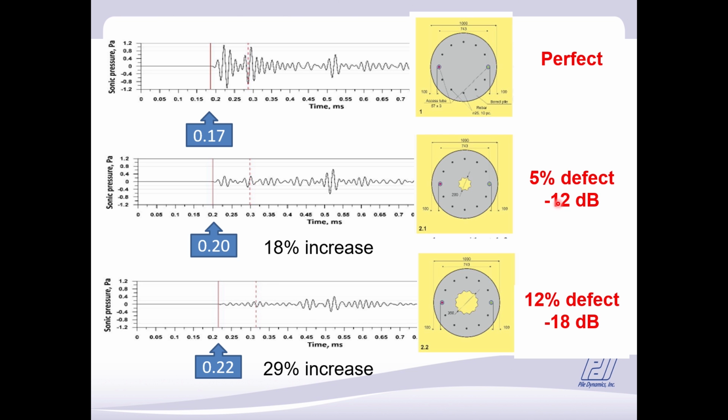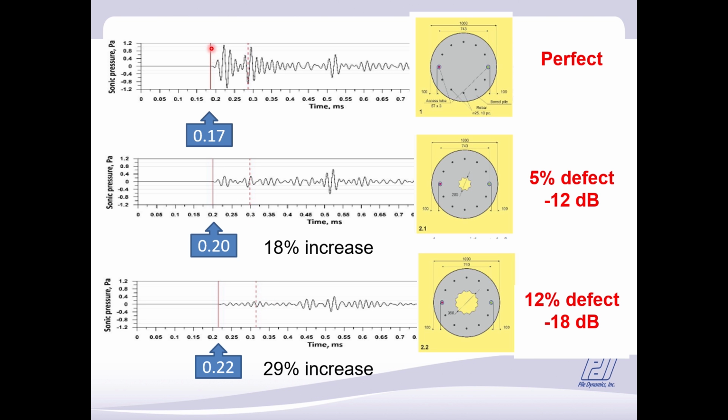So 12 would be 6 cutting it in half, and another 6 cutting that half in half. So we have only half of a half, or a quarter of the signal strength in this particular case. And the larger defect has another 6, so that's half of a quarter, or 1/8 of the signal strength in this location.